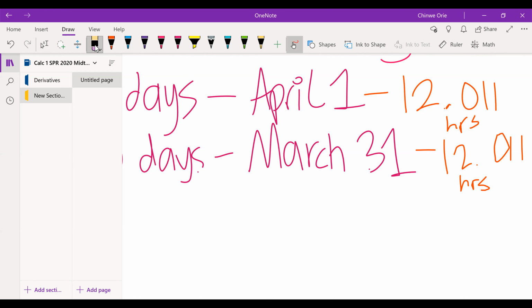Your calculator should always be in radians, at least as a default. Okay, 12.64, 12.58. That's a 0.06 difference.